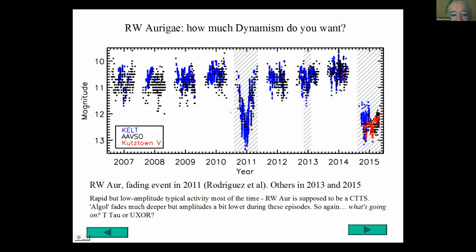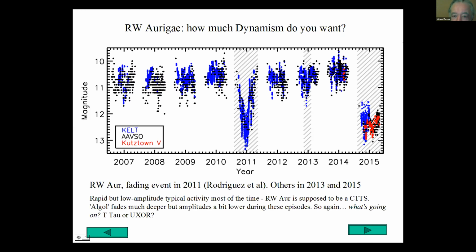So again, this is like one of those UXOR things, like the sort of high mass stars with a very deep, fairly short minima. So again, we've got another one happening here, and I think another one also happened in 2018, the same year of the SU Auriga fade in the previous one. So what on earth is going on?